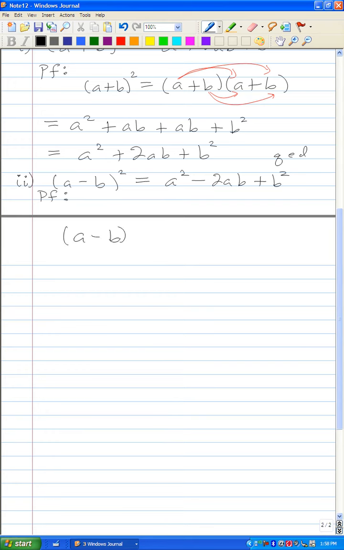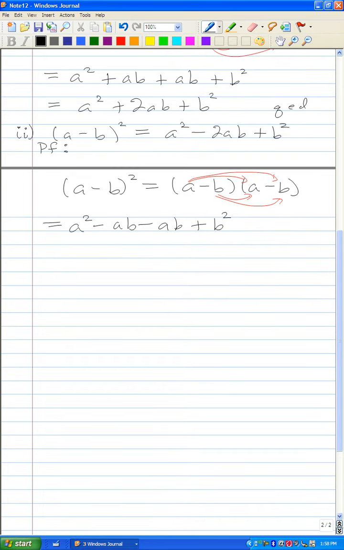A minus B quantity squared is just A minus B times A minus B. So by distributive property, let's multiply this out. So I get A squared minus AB minus AB plus B squared. Combine like terms. So I have minus AB minus AB is minus 2AB plus B squared. And that's what you wanted to show.